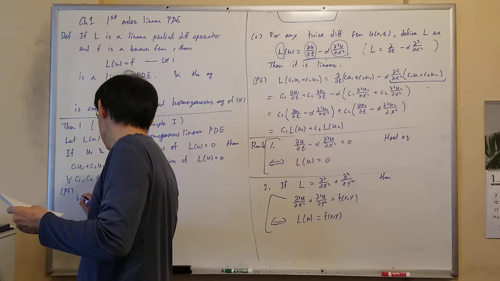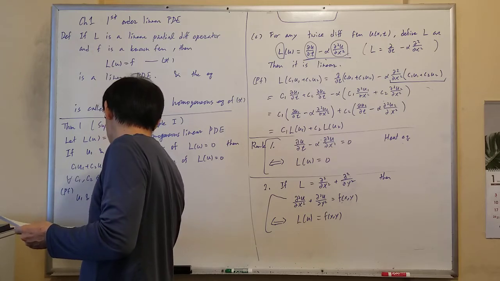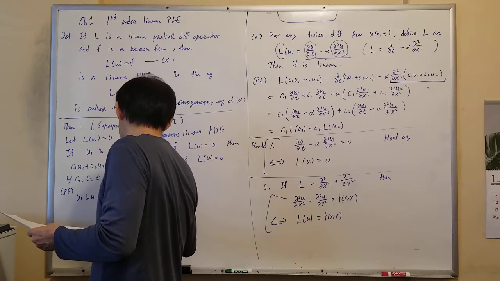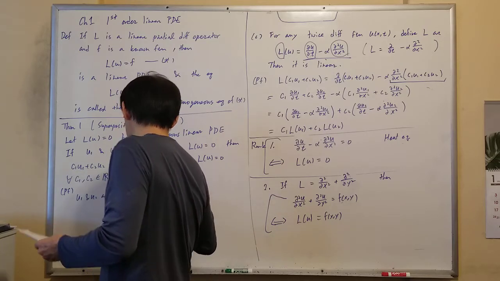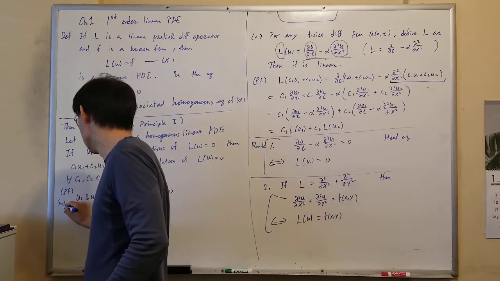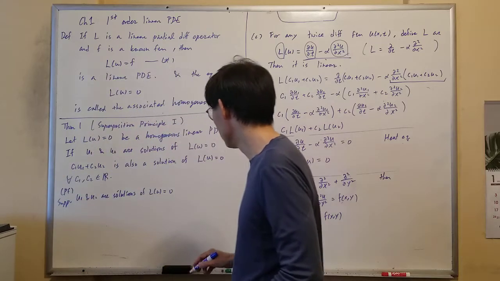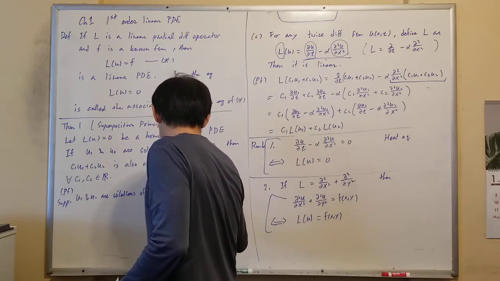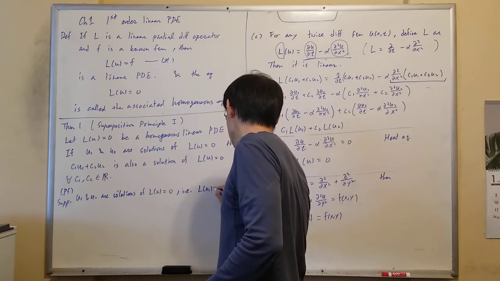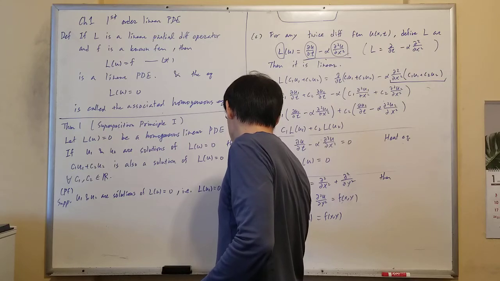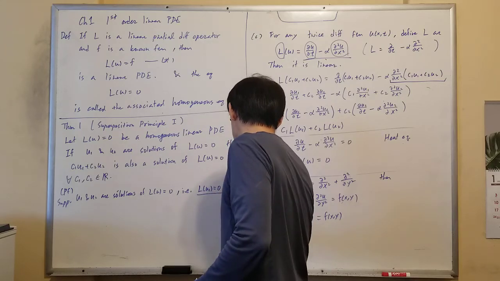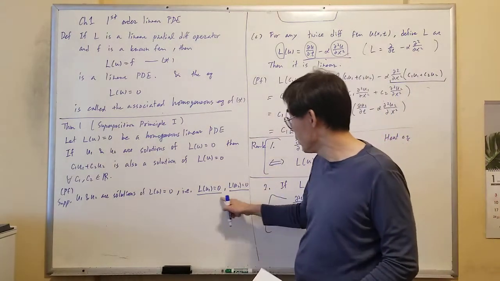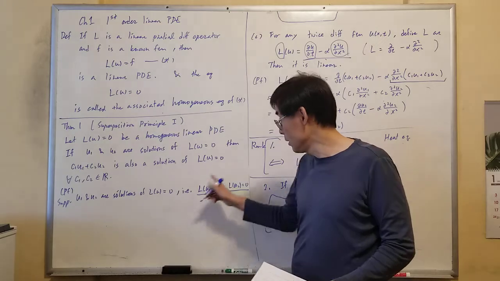So U1 and U2 are solutions. What does it mean? That is, L of U1 equals 0 and L of U2 equals 0. When you substitute U1 and U2 for the unknown variable, you get identically 0.